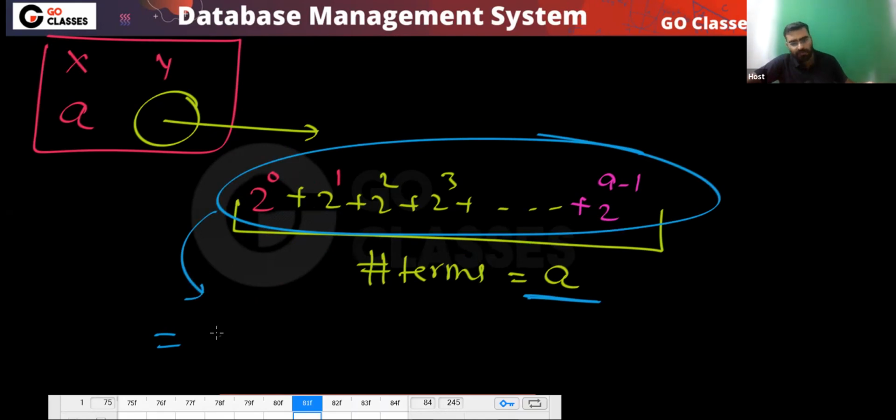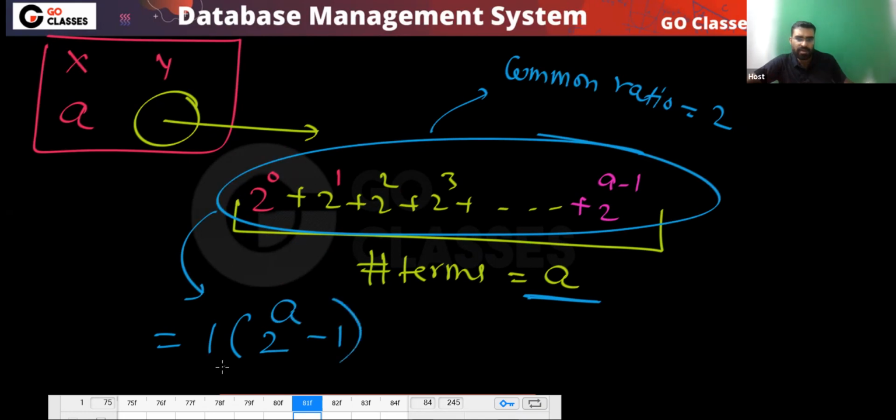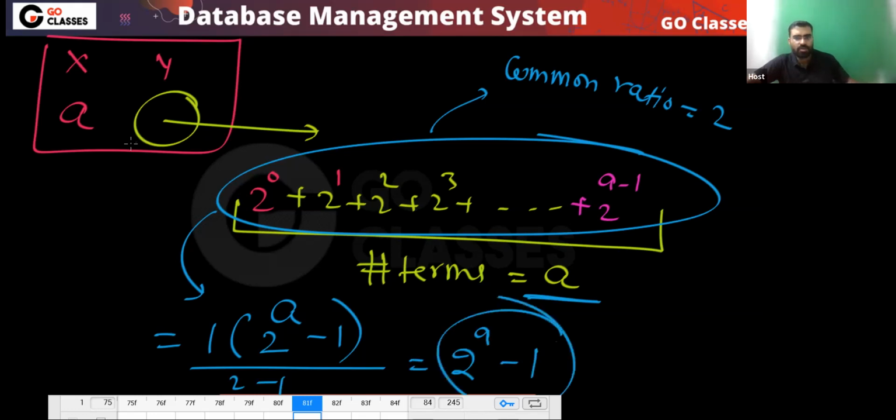This is your first term multiplied by common ratio power number of terms minus 1, divided by common ratio minus 1. Here the common ratio is 2. So the answer will be 2 power a minus 1.